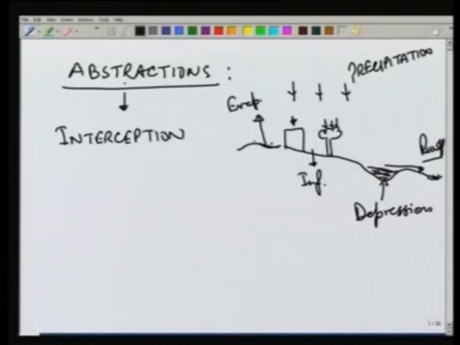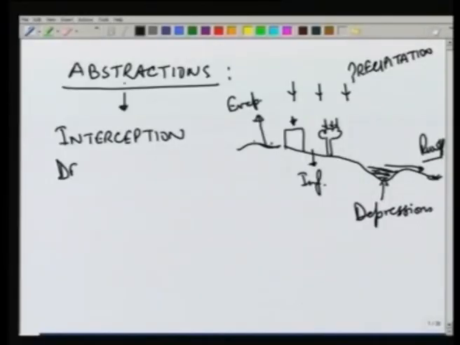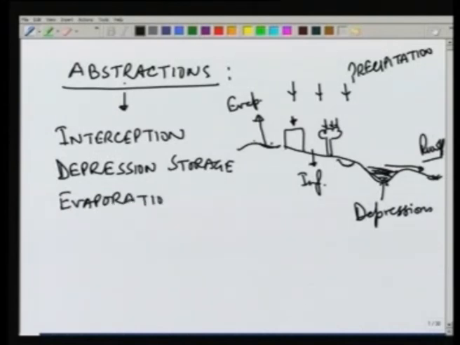interception, which is the amount of water intercepted on, let us say, buildings or trees. Then we have the depression storage: small surface depressions which will store some water before it goes for runoff. Then we have evaporation. Transpiration.